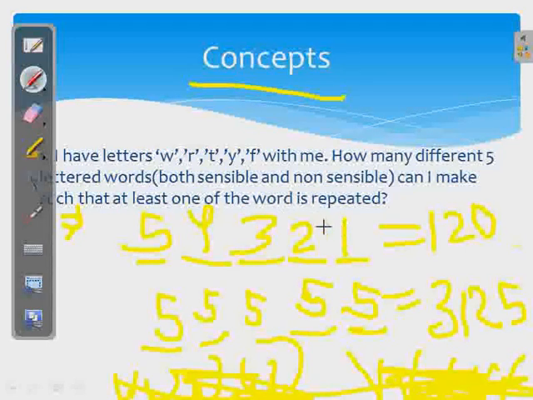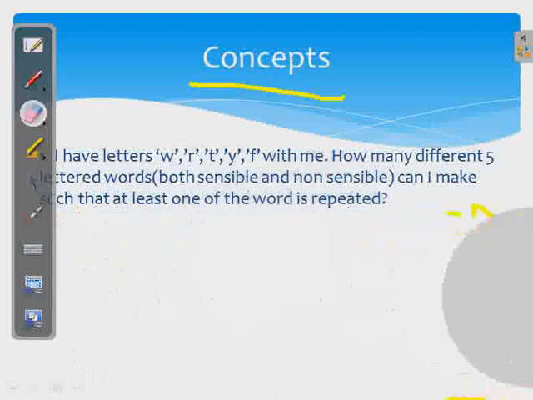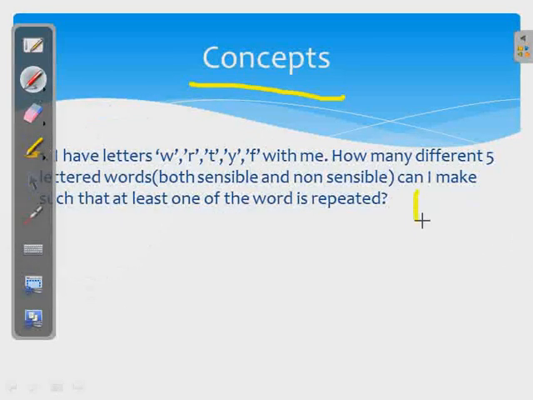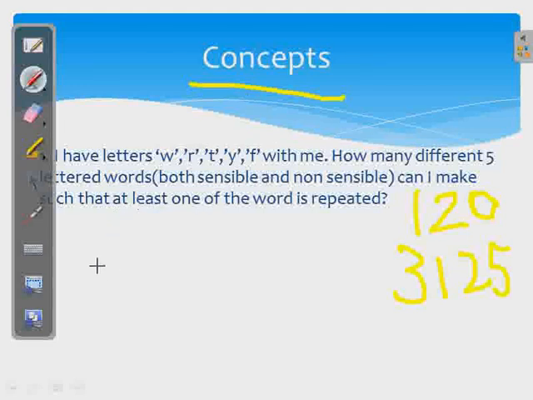And now what is our question? So now I will write this. There are 120 words without any repetition, and there are 3125 words with repetition. We want words such that at least one letter is repeated. Then we can use the concept of the second question, because 3125 has all the words, whether there are repetitions or not. That doesn't matter.